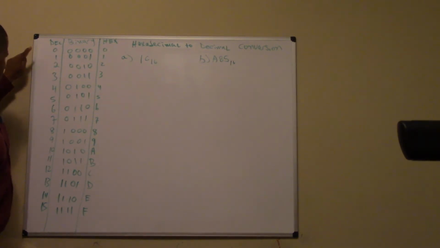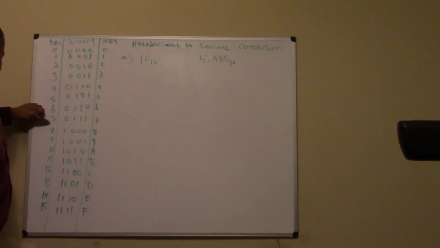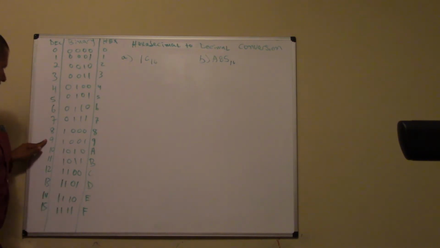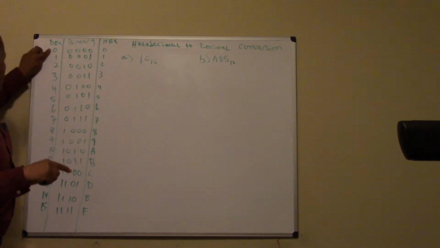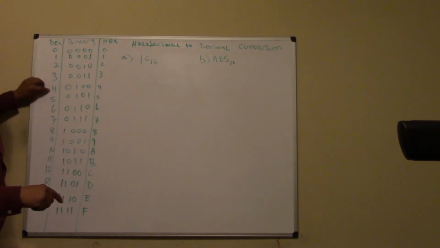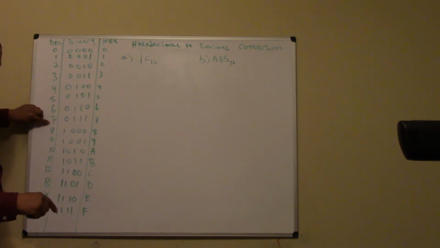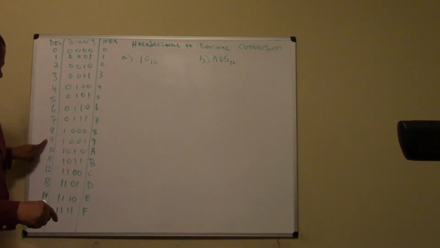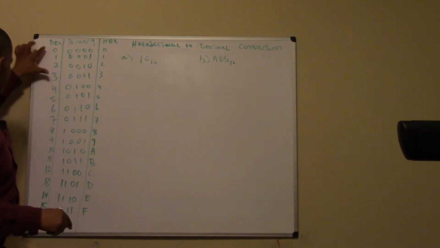So 0, 1, 2, 3, 4, 5, 6, 7, 8, 9, right? That is counted from 0. But if you count 0 as a digit, it's a different thing. You start 1, 2, 3, 4, 5, 6, 7, 8, 9, 10, and this is actually base 10.